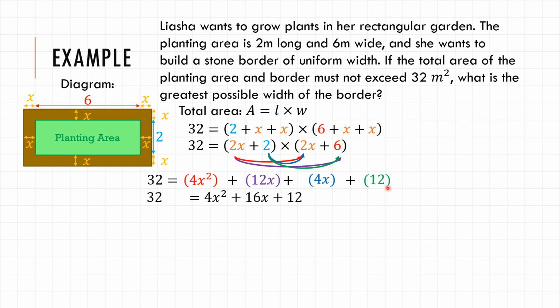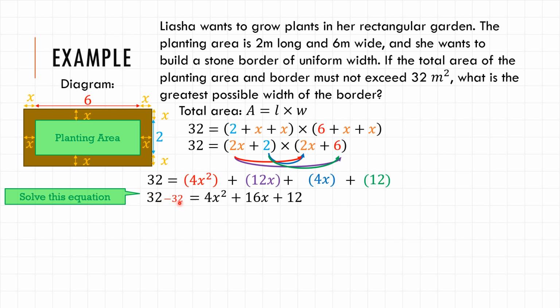Now let's combine our like terms, right? We have to simplify this. 12x plus 4x is 16x, and there's no other x squareds or numbers on the right side of the equal sign, so this is what my equation simplifies to. Now what I'm going to do is move this 32. Remember, I want one side to be 0, so I'm going to subtract 32 to solve this equation.